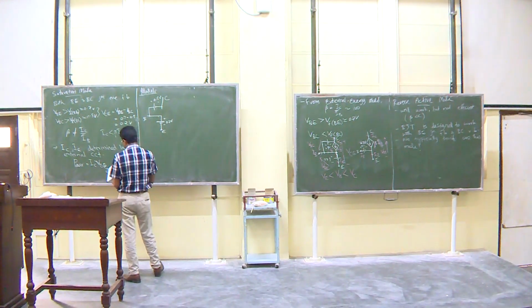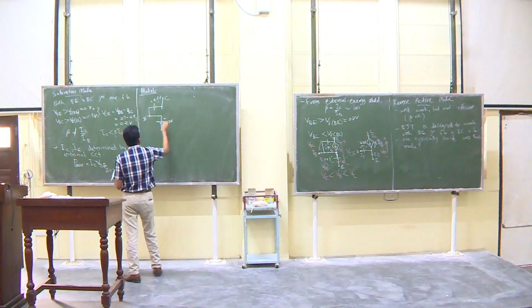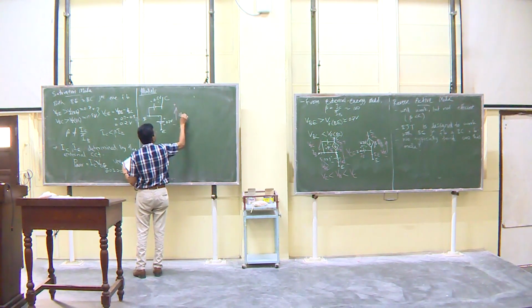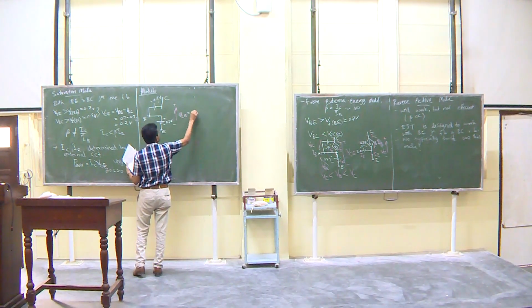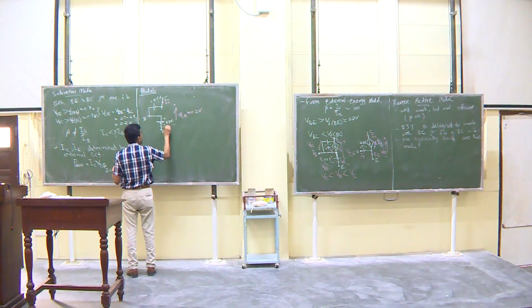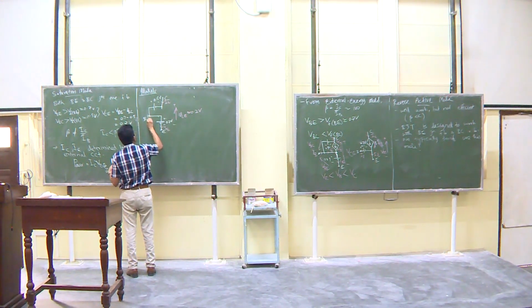So, therefore, VCE, roughly 0.2 volts, IC, IE, IB.